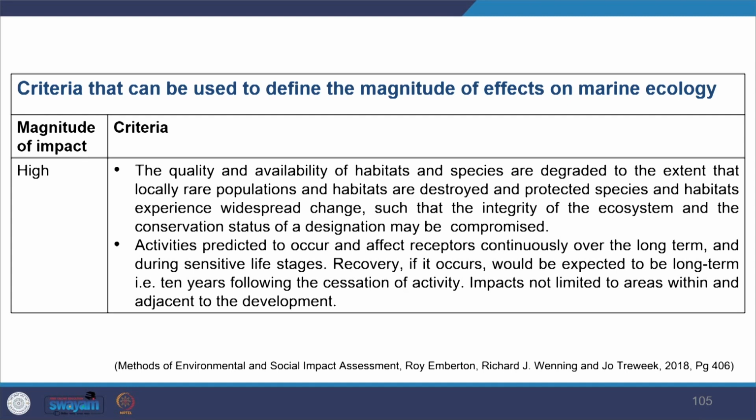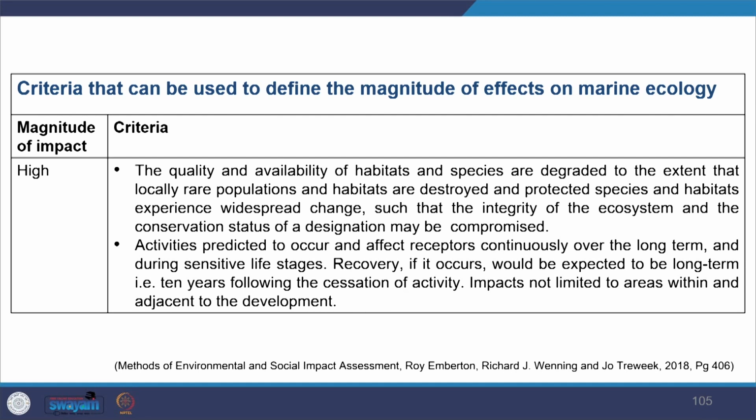The quality and availability of habitat and species are degraded to the extent that locally rare populations and habitats are destroyed, and protected species and habitat experience widespread change, such that the integrity of the ecosystem and conservation status of the designation may be compromised. In such a situation, you consider that to be high.